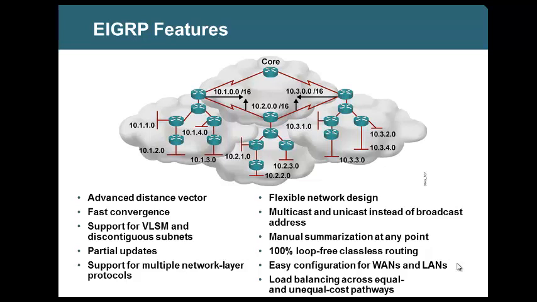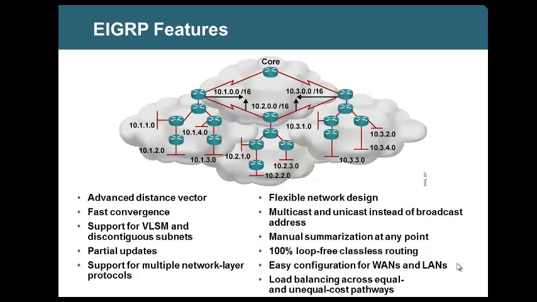The EIGRP that you enabled is the IP module of EIGRP. Likewise, for IPX also you have a command. I'll show you. For AppleTalk also you have a command to enable EIGRP. But we don't work with IPX and AppleTalk, so as of now, there is no need.